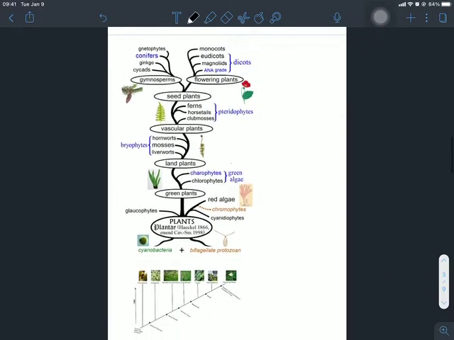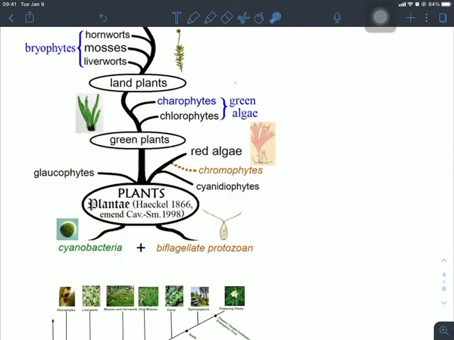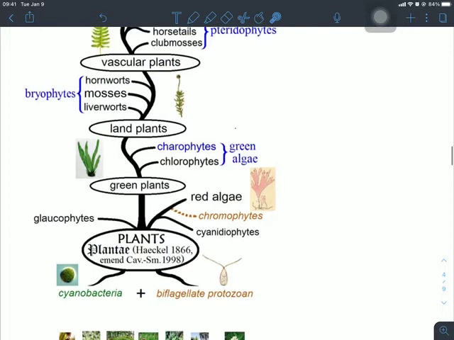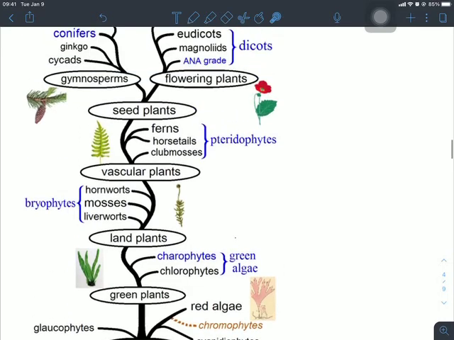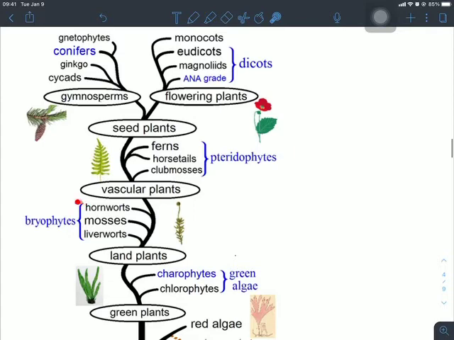This from Wikipedia, looking at plants as a fusion of some sort of protozoan, a protist, a eukaryote, and cyanobacteria, these being our chloroplasts, that gave rise to a lineage that shares ancestry with red algae, that we have modern day living green algae, our charophytes being our closest relatives, our early land plants, the liverworts, mosses, and hornworts, collectively known as bryophytes. We'll have a full lecture on those.